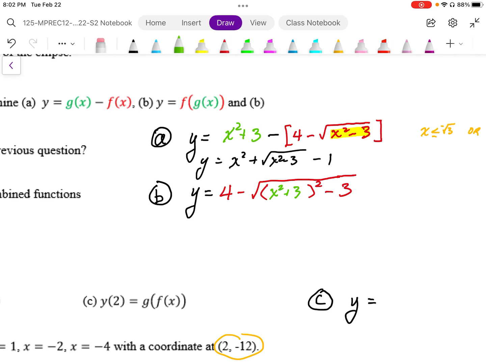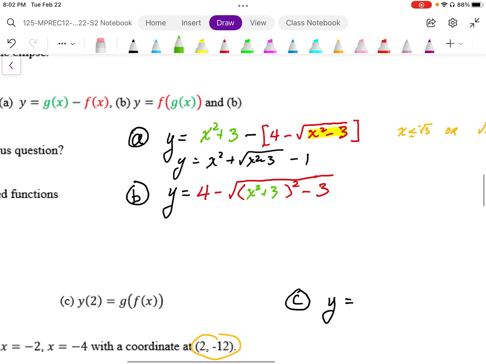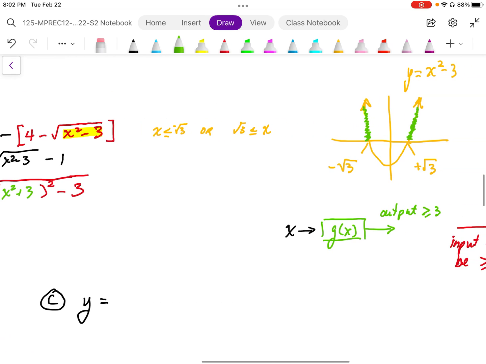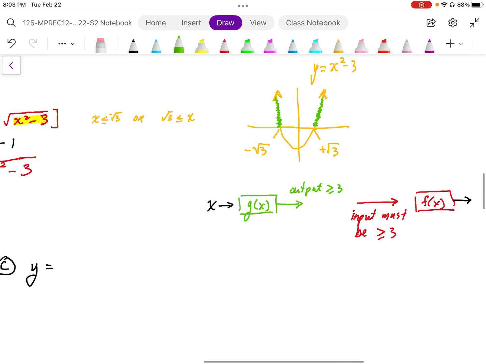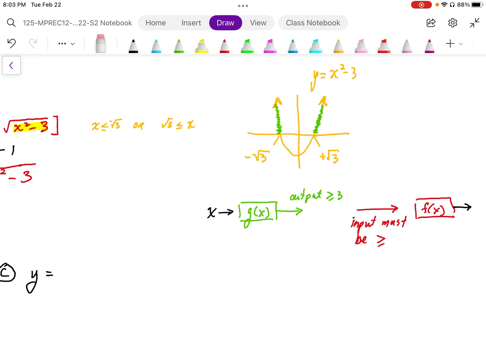And then if we square that number, we're going to get a number bigger than negative 3. So the output of the g of x is going to be bigger than 3, and the input must be bigger than positive root 3. Okay, so I'm going to just adjust this here. So we establish here that it's got to be bigger than positive root 3.